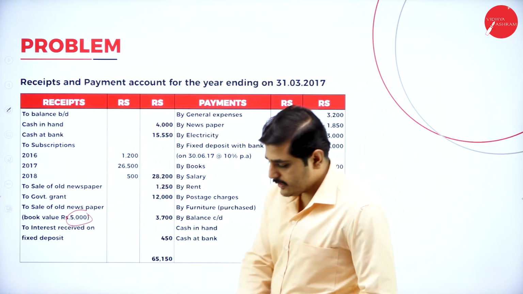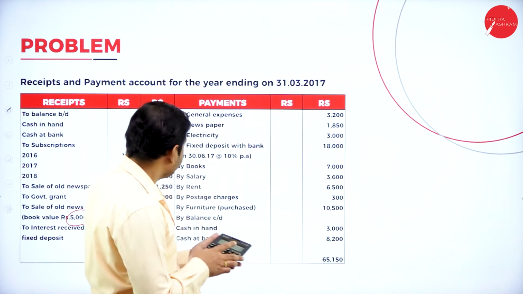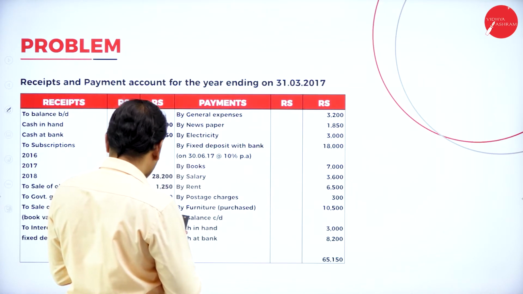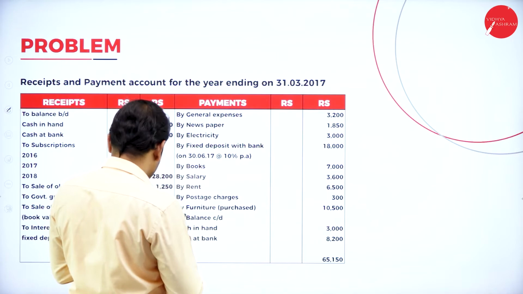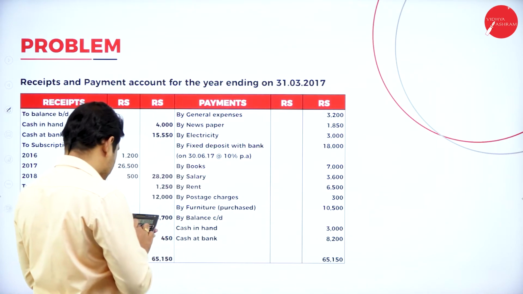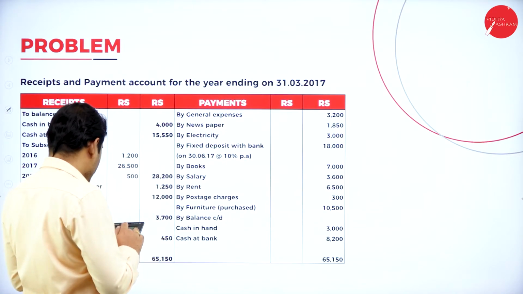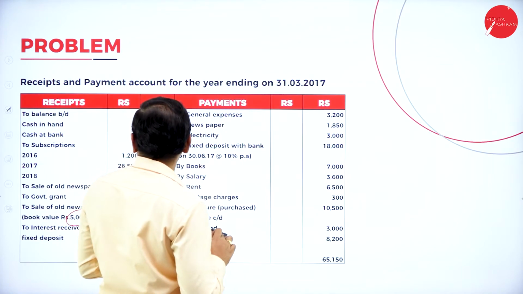Let's add both the sides to check whether it is correct or not. So 4,000 plus 15,550 plus 28,200 plus 1,250 plus 12,000 plus 3,700 plus 450. So it is correct on the debit side.